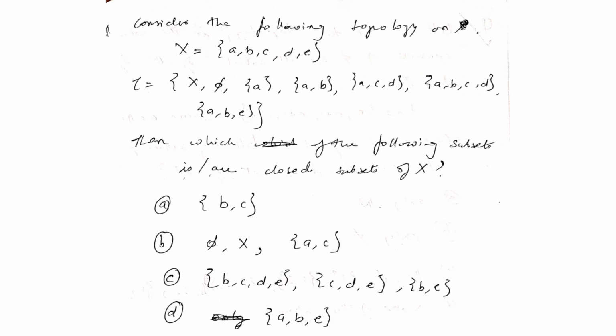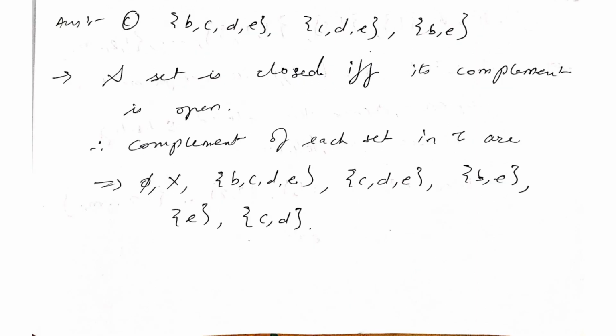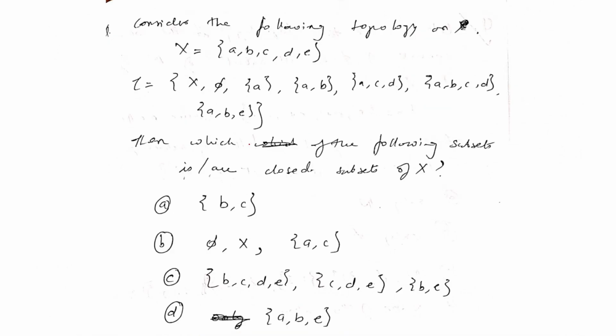So again, a set is closed if and only if its complement is open, right? So you have to find the complements of these sets. Why is A discarded?